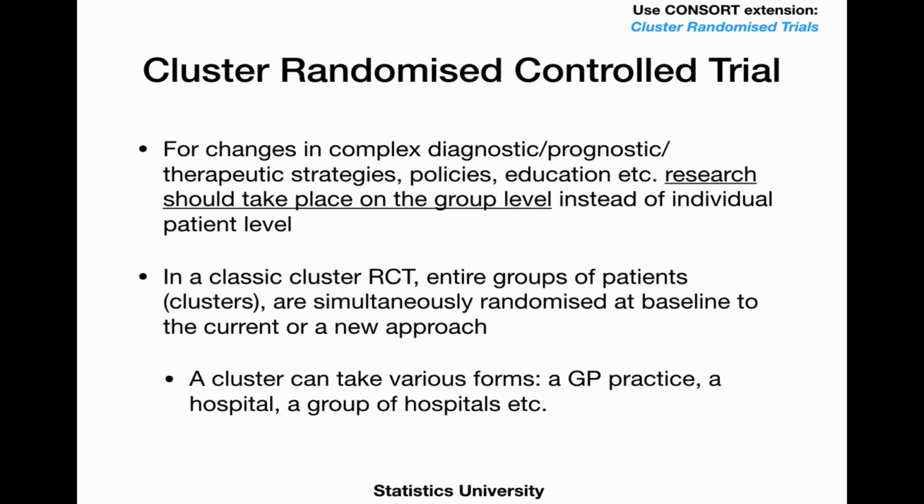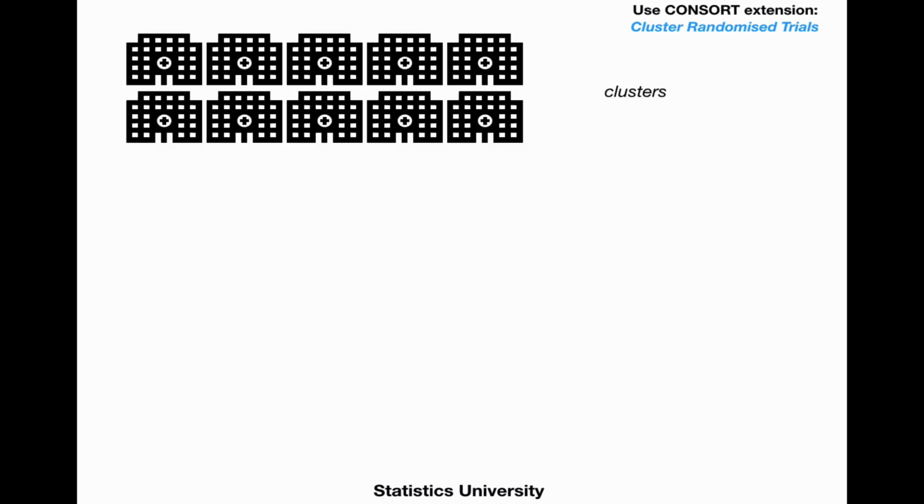And a cluster can take various forms, like a general practitioner's practice, a hospital, a group of hospitals, etc. And for these kind of studies, we should use the cluster randomized trials extension to the CONSORT guidelines. Now, let's imagine that we identify multiple hospitals as eligible to take part in our cluster randomized controlled trial.